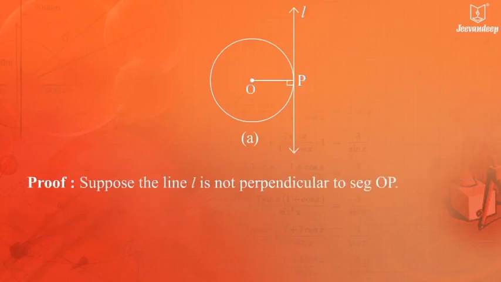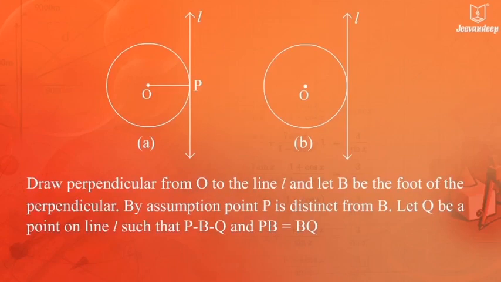Proof. Suppose the line L is not perpendicular to segment OP. Draw a perpendicular from O to the line L and let B be the foot of the perpendicular.